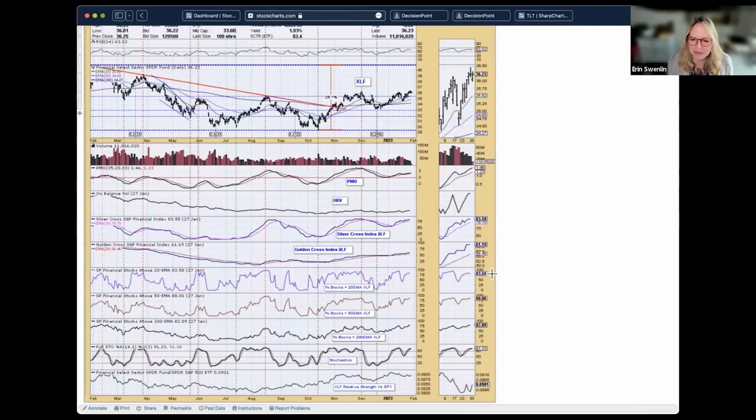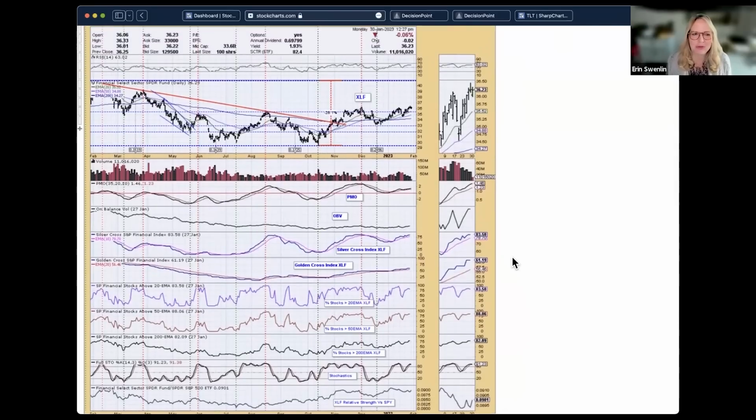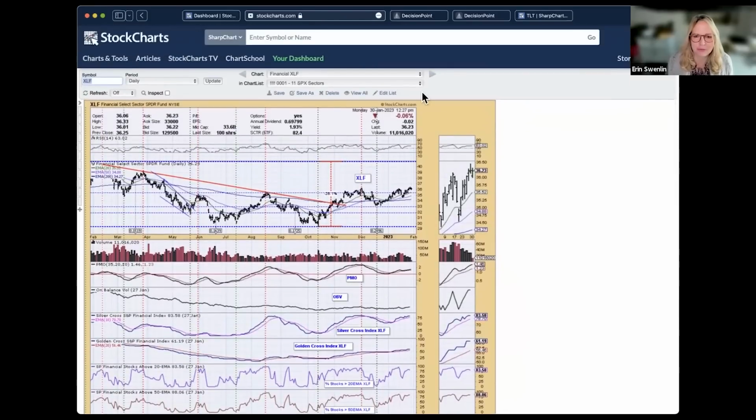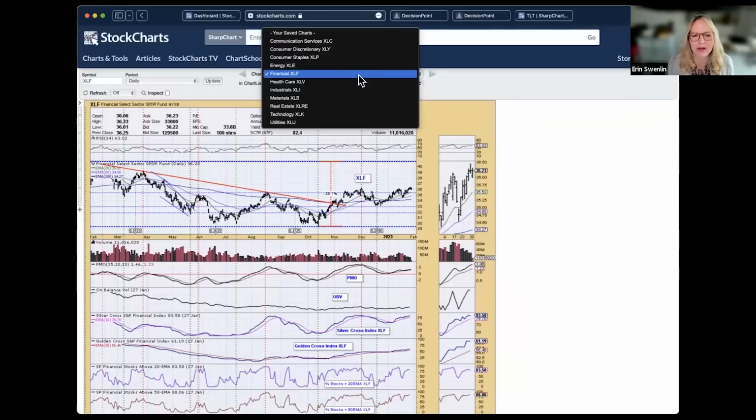So what this tells you is that if we only have about 88% above their 50 and the same amount above their 20 as we do Silver Crosses, we're probably not going to see any more Silver Crosses, because we need more stocks above their 20-day EMA in order to change this number. So it's going to be extraordinarily difficult right now for financials to continue the run that they're on, in my opinion.